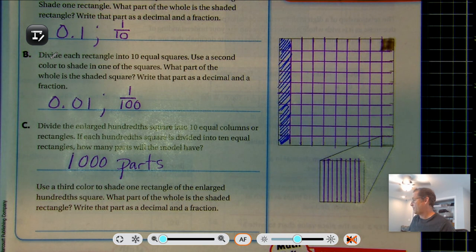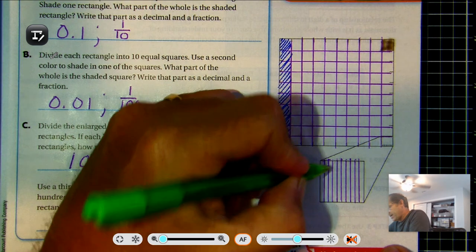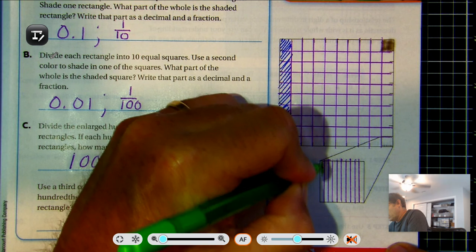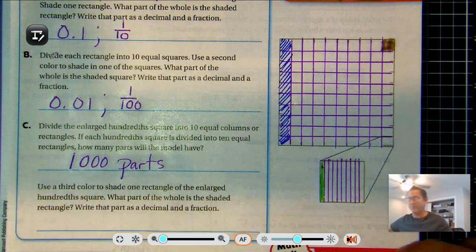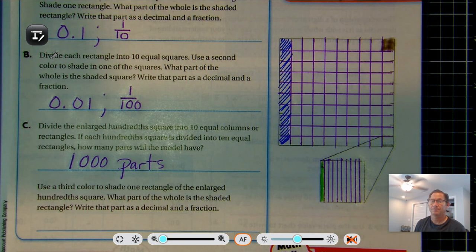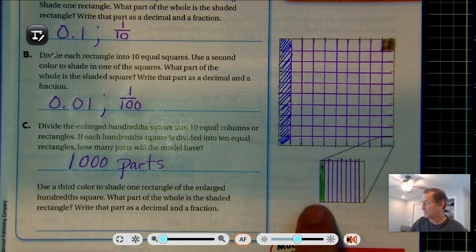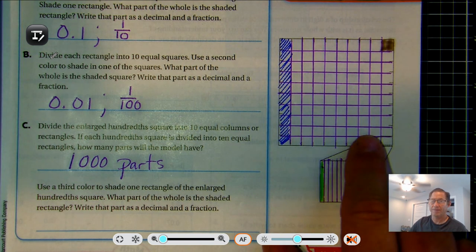So use a third color to shade one rectangle of the enlarged hundredth square. What part of the whole is the shaded rectangle? Write that part as a decimal and as a fraction. So if we just shade one of those, okay, remember, each of these rectangles would be 1/1,000.